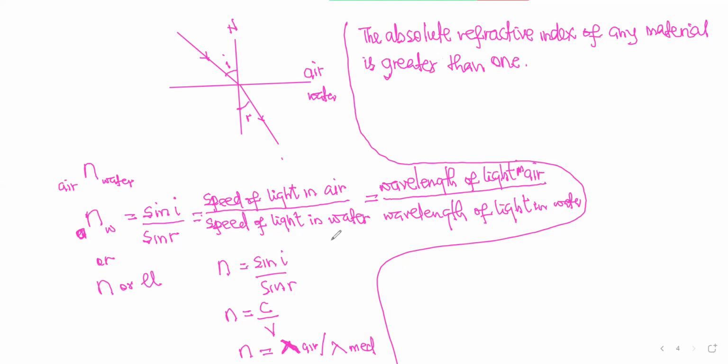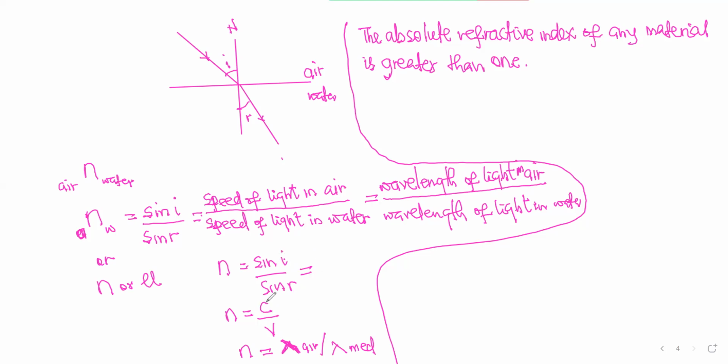Why is it greater than 1? This is because, whether we are looking at change in direction, sin i over sin r, you realize that for absolute refractive index, the numerator, the angle of incidence, is greater than the angle of refraction. And if you have a fraction whose numerator is greater than the denominator, then the overall result will certainly be greater than 1. Because if they are equal, it will be equal to 1.